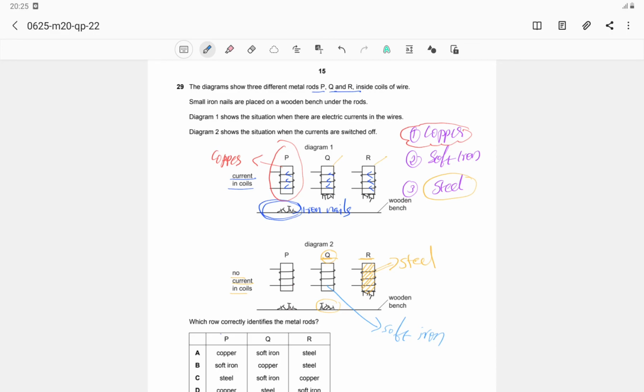That means it is soft iron, because soft iron has the property to magnetize and demagnetize very quickly. So we can now identify that metal P is copper, metal Q is soft iron, and metal R is steel. Hence the correct answer is option A.